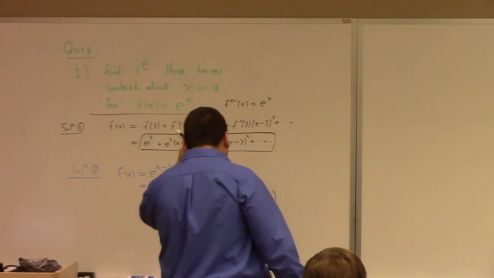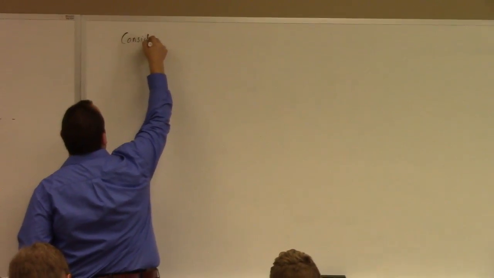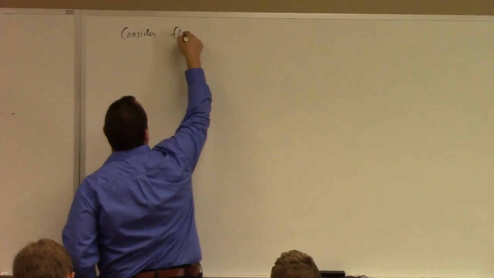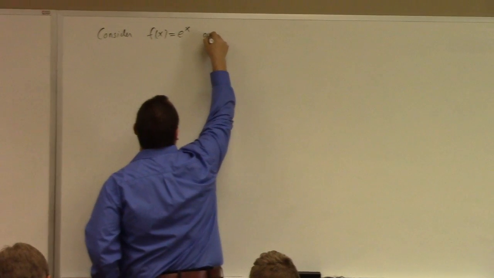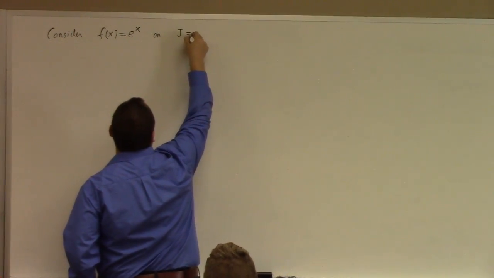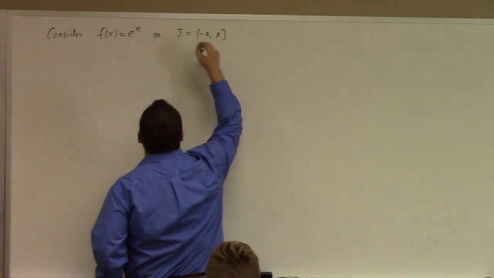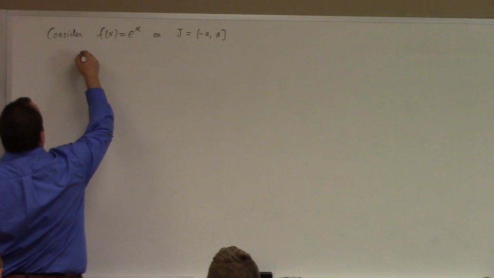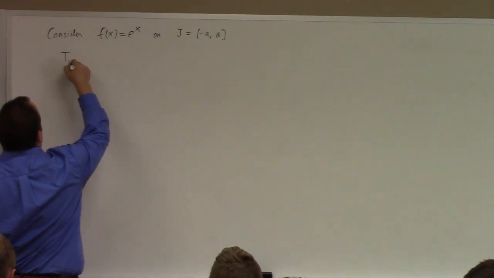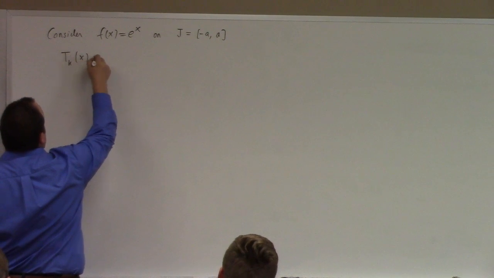But okay, so consider f of x equals e to the x on J, and let's say J is minus a to a. So we can look at the kth Taylor polynomial of x.